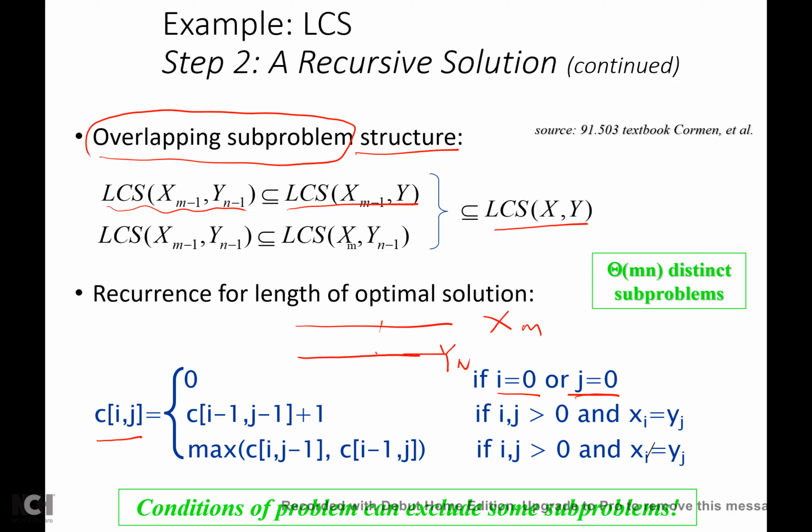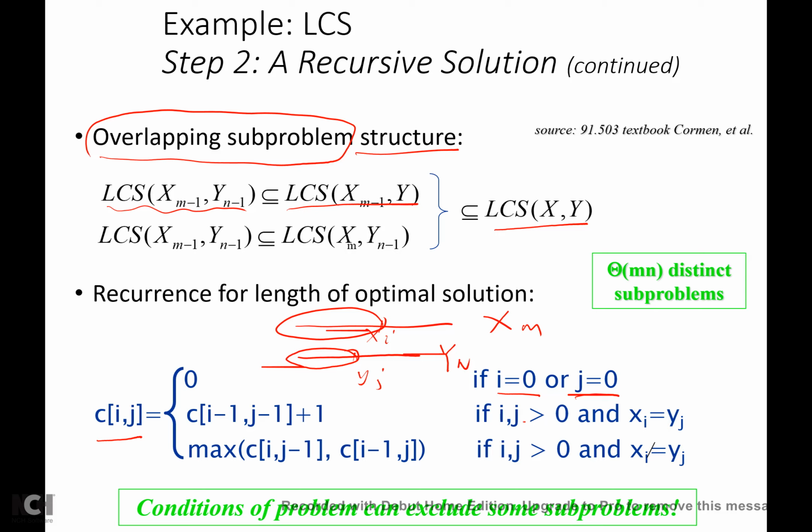Here we use xi and yj to represent this subsequence. And it is equal to 0 if i equal to 0 or j equal to 0, in which case one of the subsequences is empty. In that case, there's no common subsequence, so it's 0.